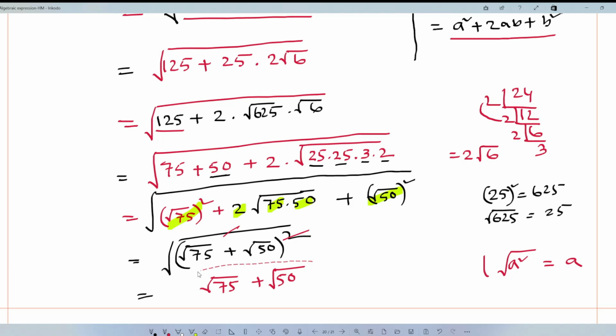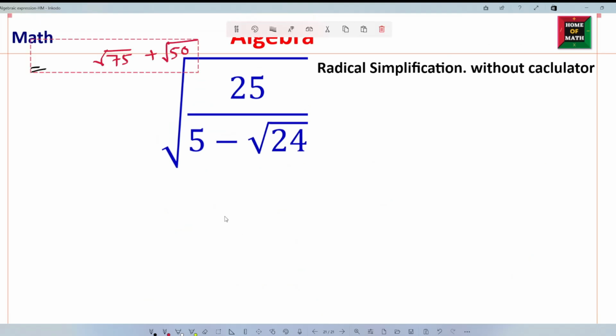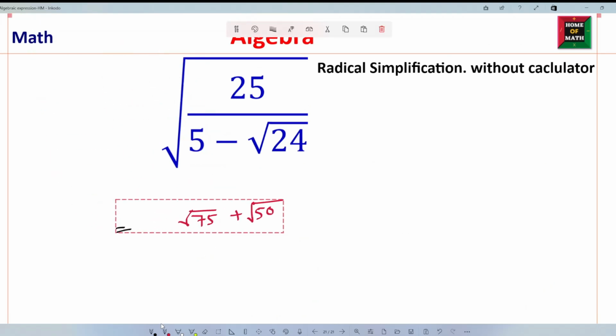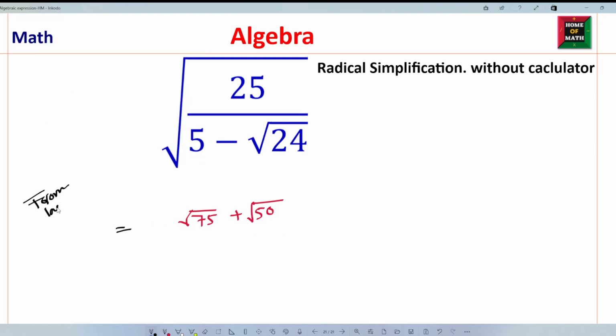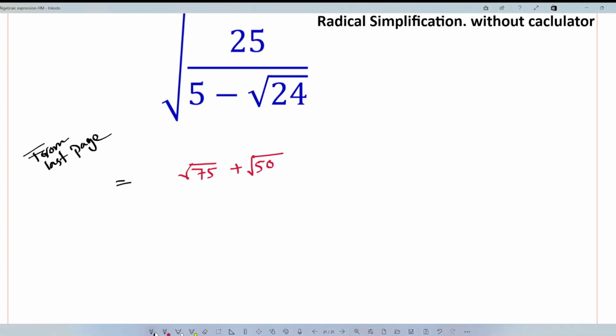So this one we have to work out further in the next worksheet, from the last page, okay. Root 75 we can write as 5 root 3. Why? Look, 5 root 3 squared: 5 square means 25, root 3 square means 3, so it becomes 75, right?